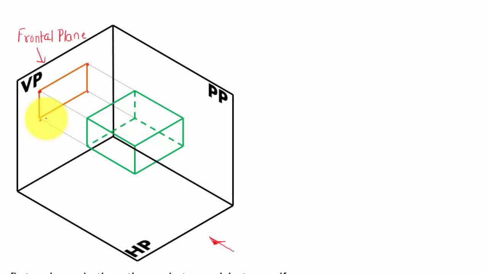You can clearly see that these projectors, apart from being parallel to one another, are also making a certain angle with this vertical plane. This angle is absolutely 90 degrees, and this in fact is a condition for any projection to be called orthographic in nature.